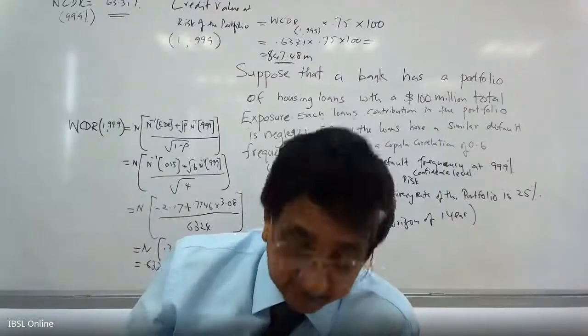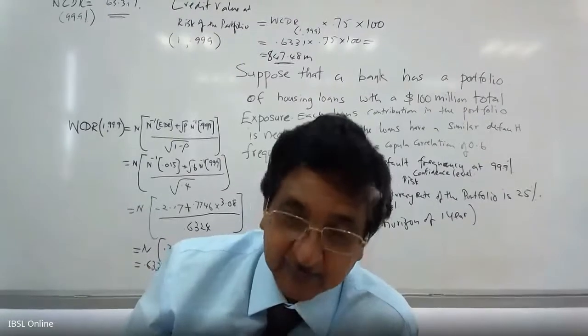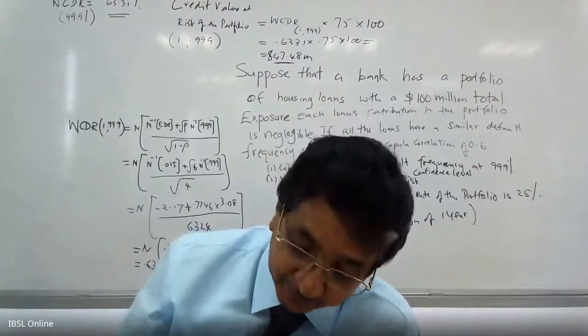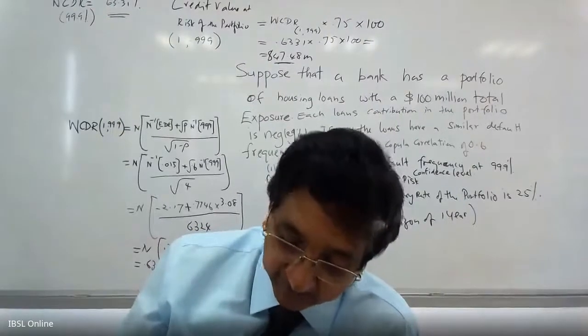Here the frequency means PD, the probability of default? Yeah, frequency means the probability of default. Now that's a good question. I mean, expected default frequency, EDF we call it.